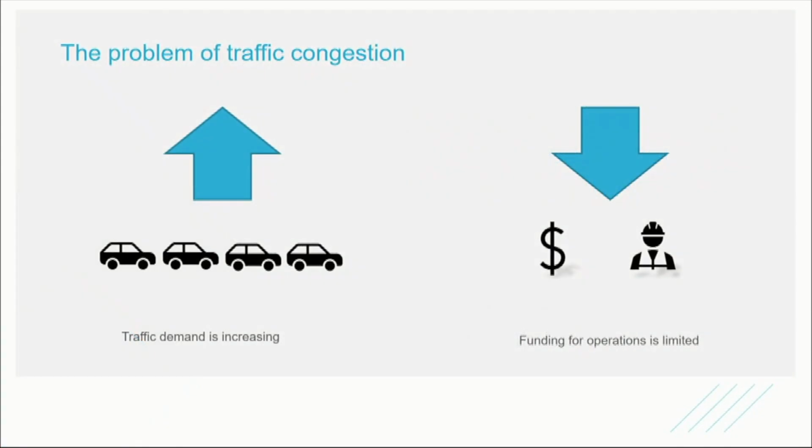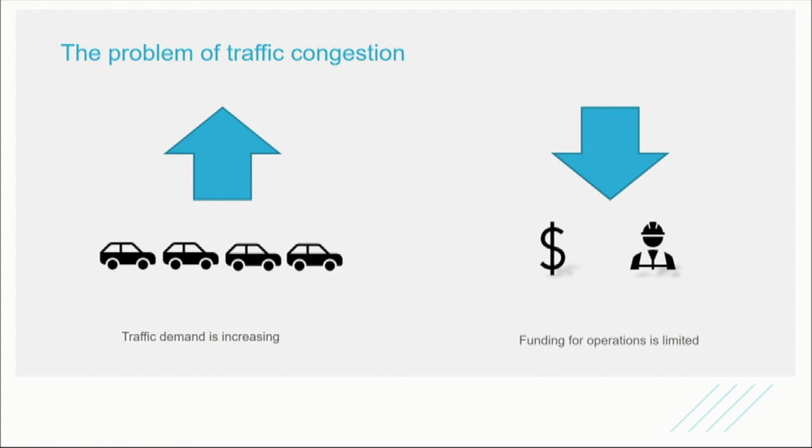So most of you, I'm sure, are aware of the problem of traffic congestion if you've ever driven on the roads recently. It's kind of a complicated situation. Obviously, traffic demand is increasing. Capacity can't always keep pace with the number of vehicles on the roads.